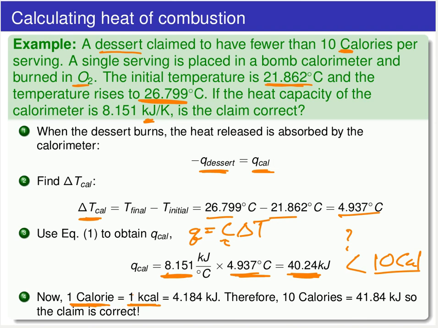And 1 kcal is equal to 4.184 kilojoules. Therefore, 10 Calories is going to be equal to 41.84 kilojoules. So our value of 40 is obviously less than 41.8, so the claim is correct.